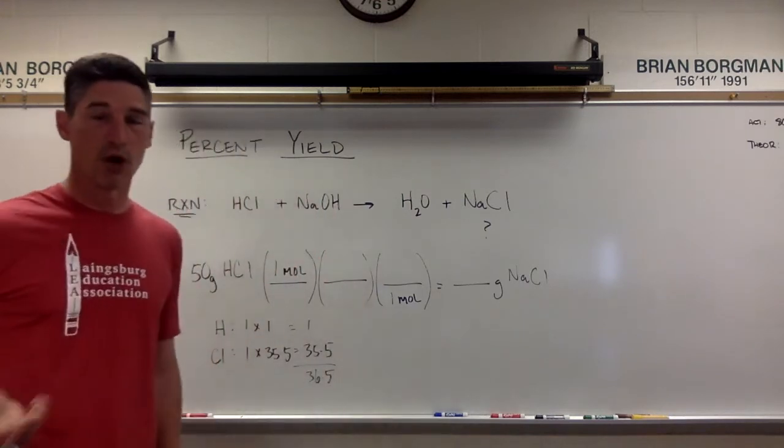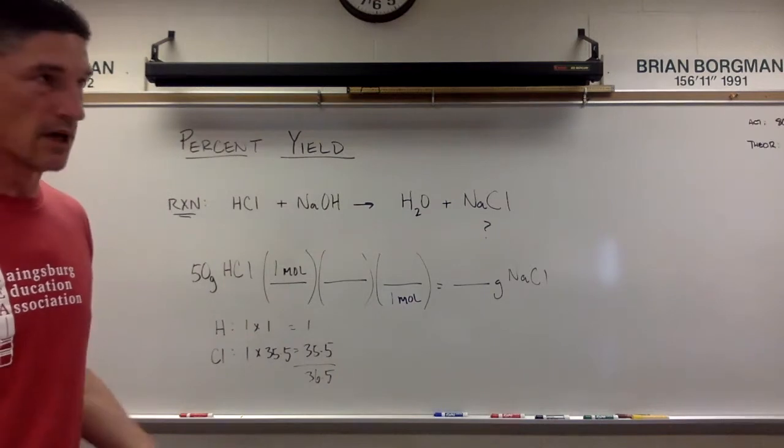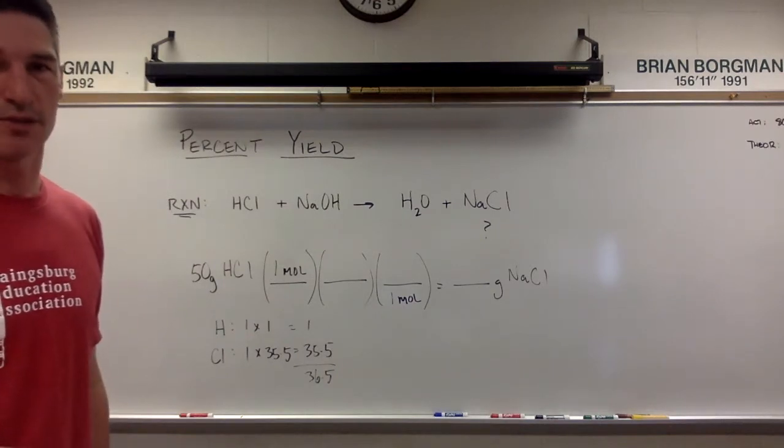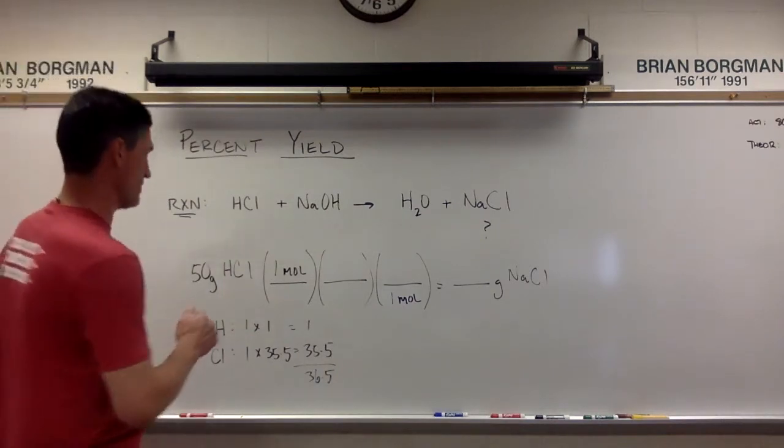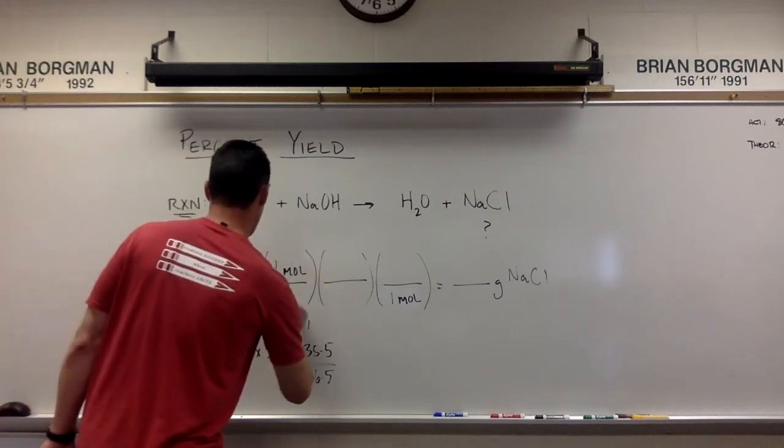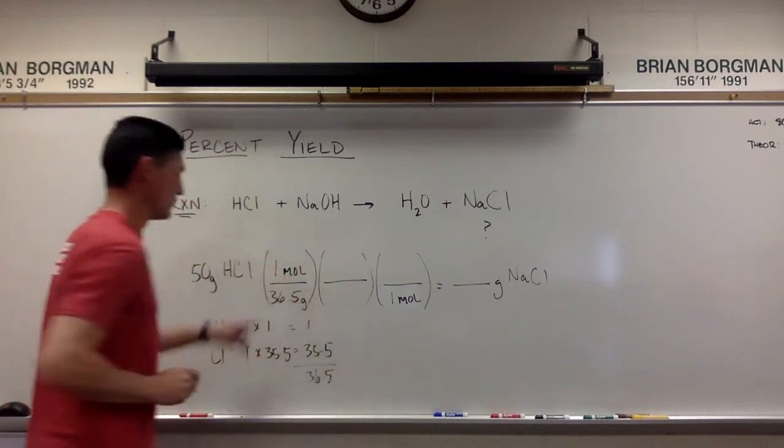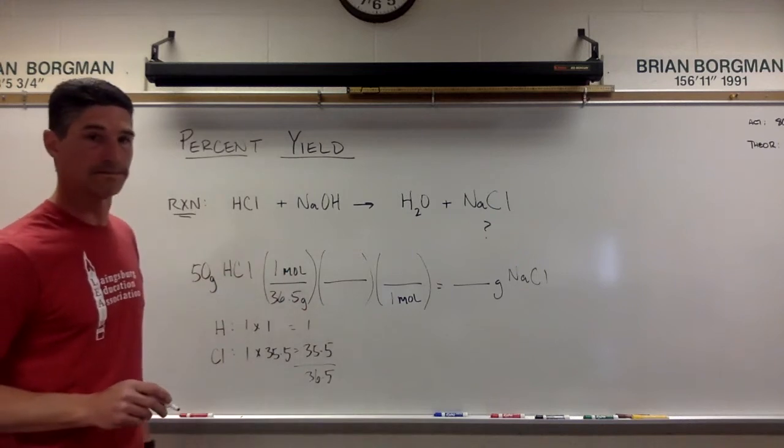So that means that the molar mass of hydrogen chloride or hydrochloric acid is 36.5. So that's the number that goes into my denominator. 36.5 grams in 1 mole.